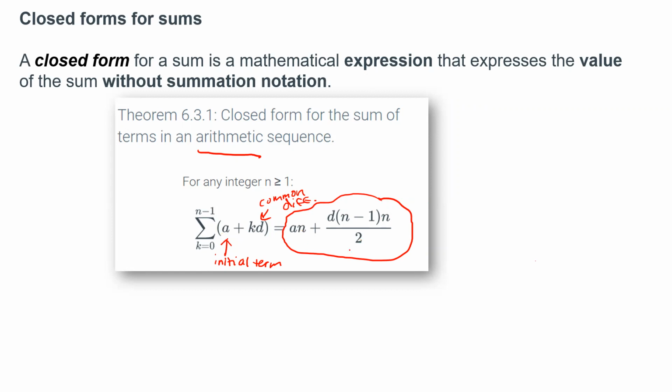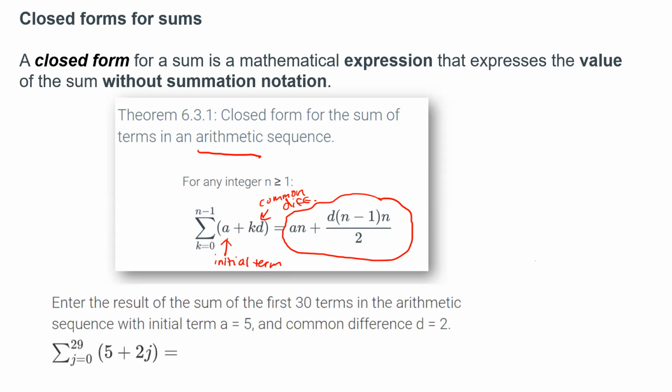And I don't have to find 99 terms or 100 terms. I could just plug things in here. So if I know what A, the initial term, is, and I know what D, the difference, is, then I can just plug these different values in to find what the value would be. So this is just the formula in general, but let me show you an example here.